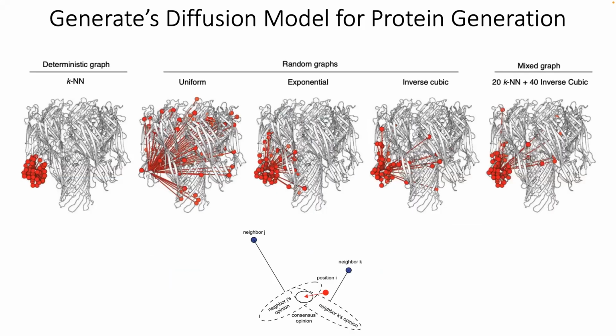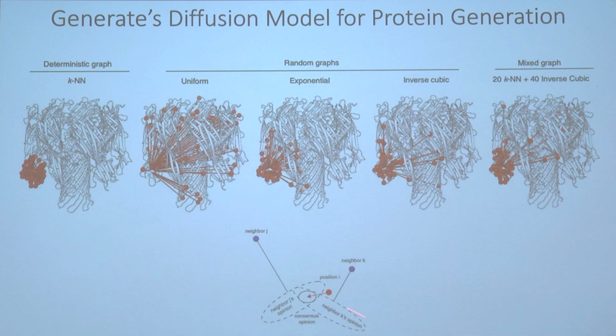So what they have implemented, which I thought was really cool, is they have some neighbor consensus. So to determine the position of I, they will rely on neighbor J and neighbor K's information consensus. So wherever there is overlap in terms of positional information for I, the possibility of placing something here increases because they're in agreement versus when they're not in agreement.